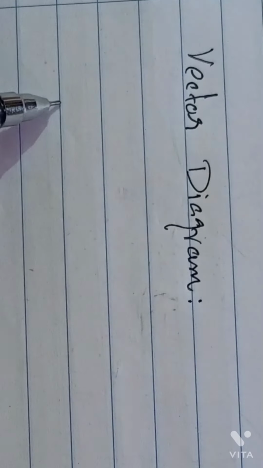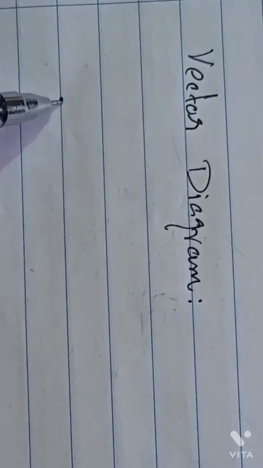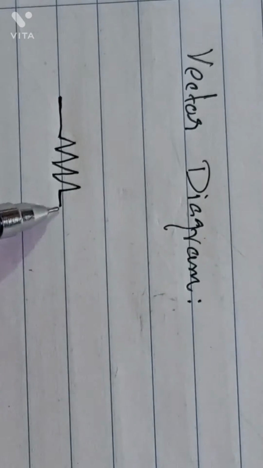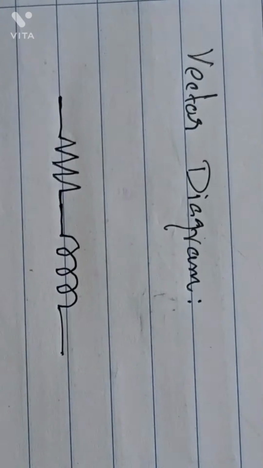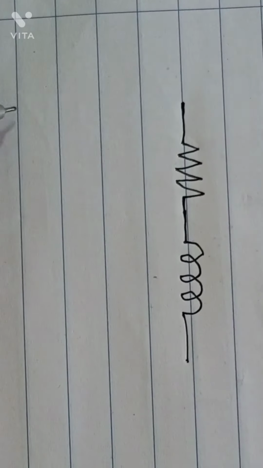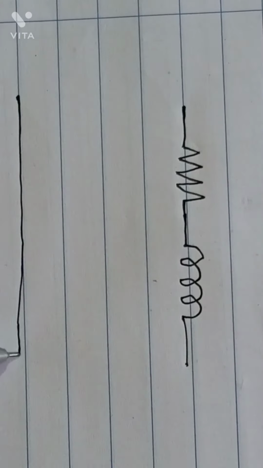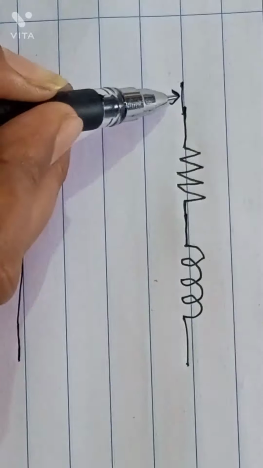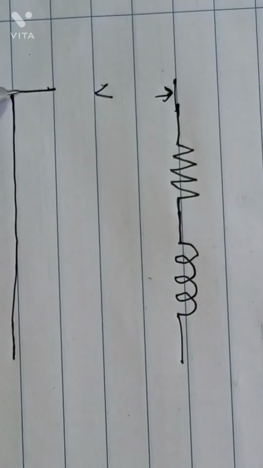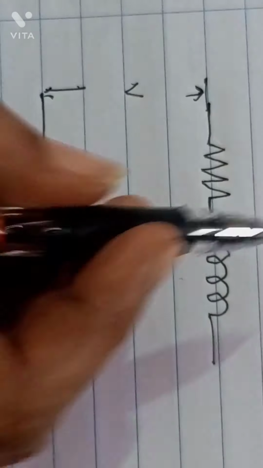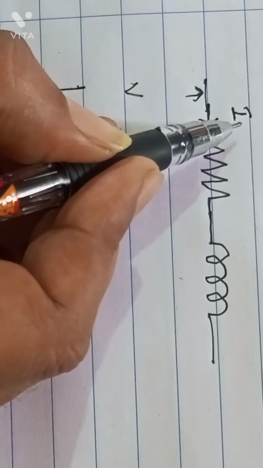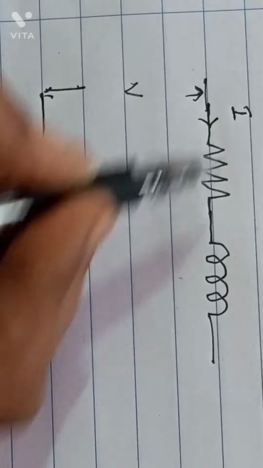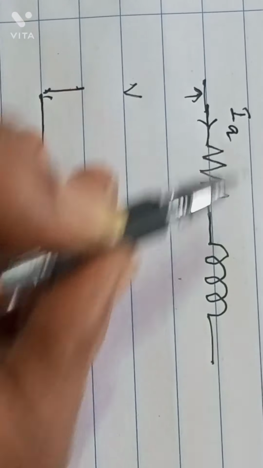Normally motor, whatever with the motor, it has a resistance. So just draw the resistance. Then it has an inductance. Now the input is V. The current through this loop is I, primary armature, so IA, armature current.